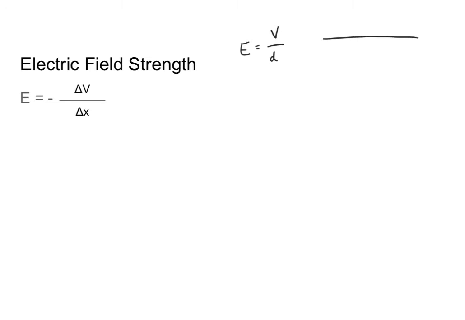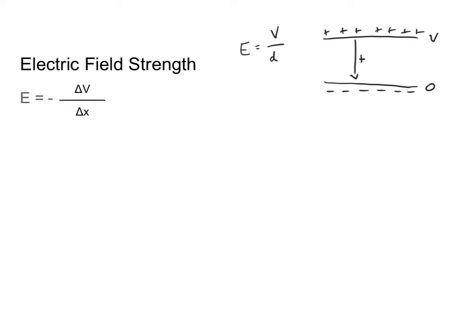But we also know that we define our positive plate as our plate with some kind of voltage and our negative plate as our 0 volt plate. So the closer a positive charge gets to the negative plate, the lower its potential is.